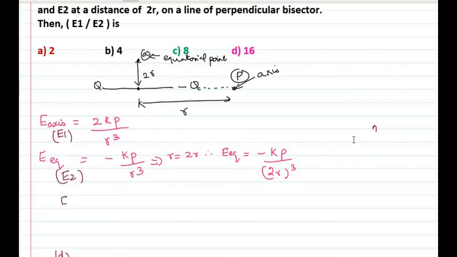So E1 divided by E2 will be equal to 2kp by r cube divided by minus kp divided by 2r cube, which is 8r cube, since 2 cube is 8. So we can cancel out the common terms.